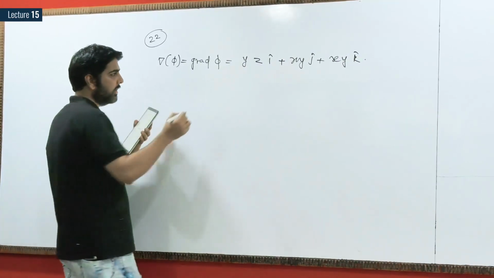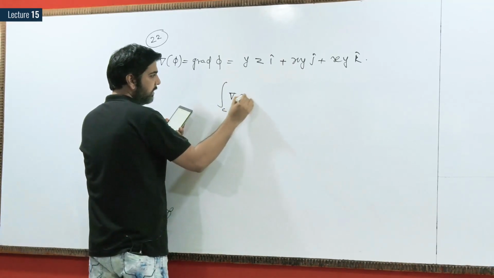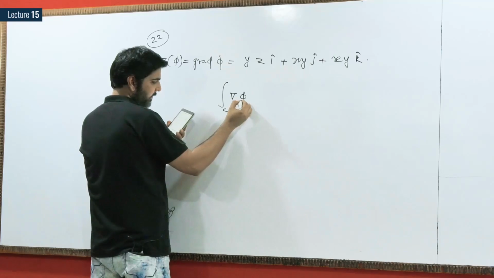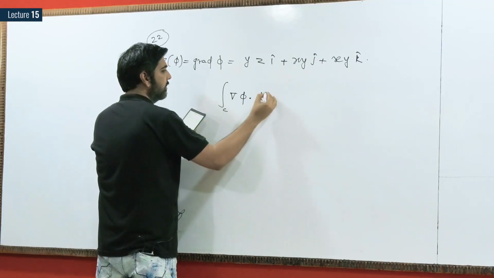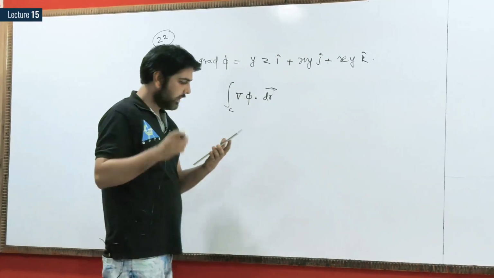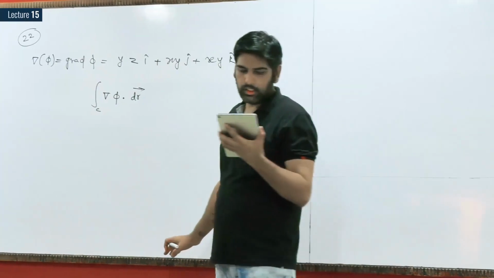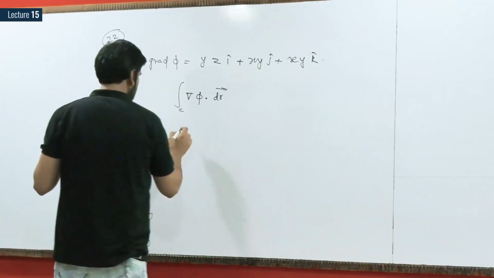Consider the integral over C of grad phi dot dr, on the curve where r is equal to xi plus yj plus zk. The curve C is parameterized as follows.